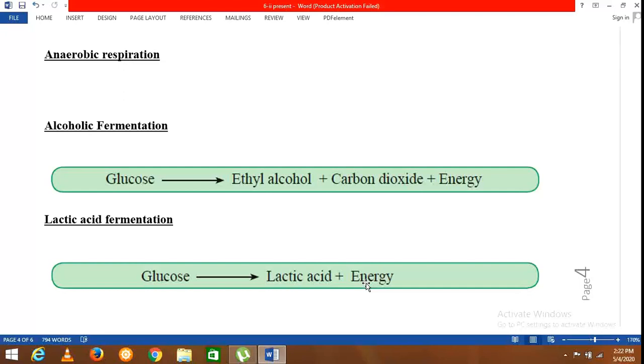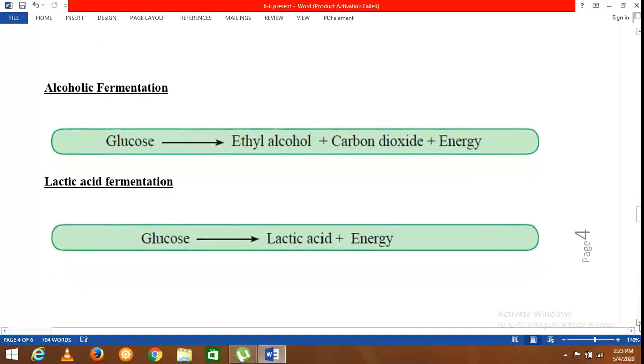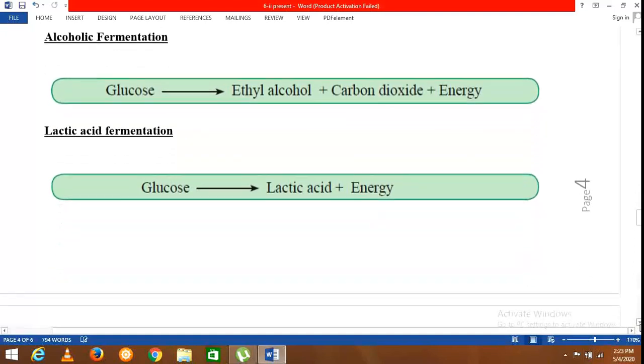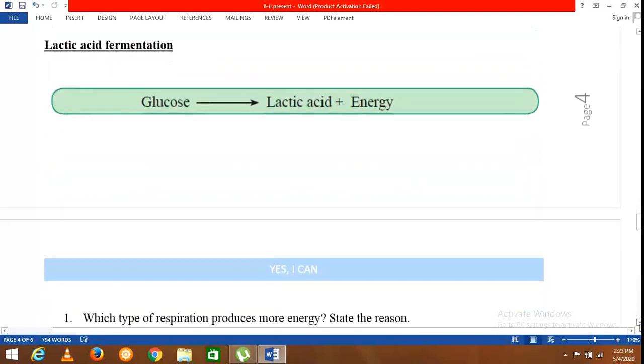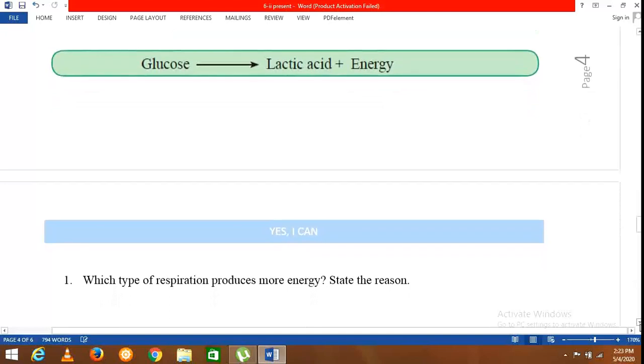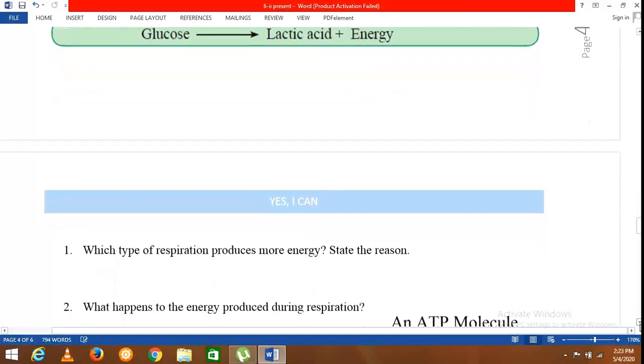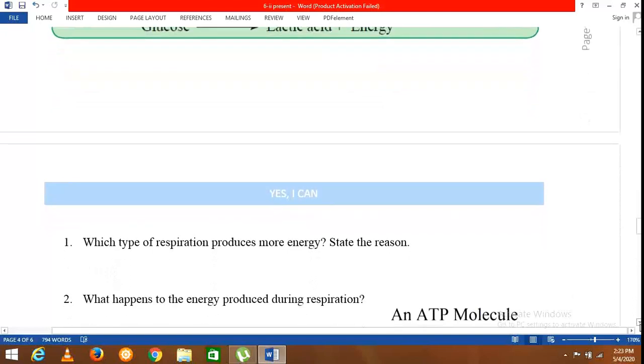As a result of it, lactic acid gets accumulated inside the muscles. Therefore, we will experience a cramp or a muscle pain. Then, the energy produced during this cellular respiration is stored in ATP.